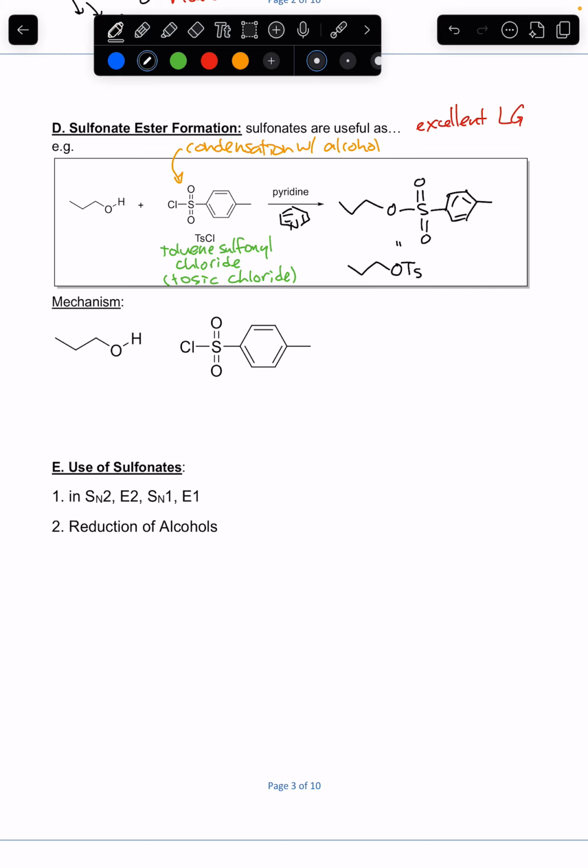Here's the mechanism. Hopefully it looks very familiar, right? Now this functional group is very electrophilic because you've got a sulfur that's bonded four times to oxygen and also chlorine, which are all very electron withdrawing, electronegative atoms.